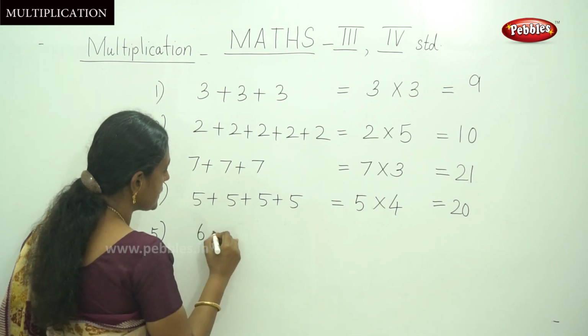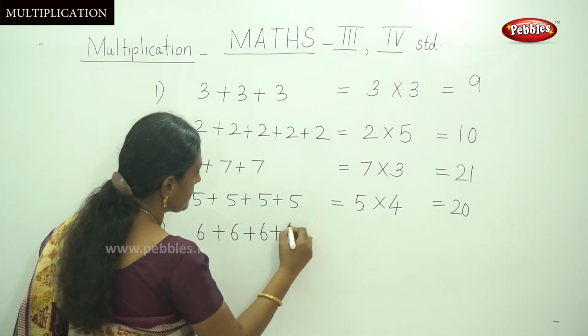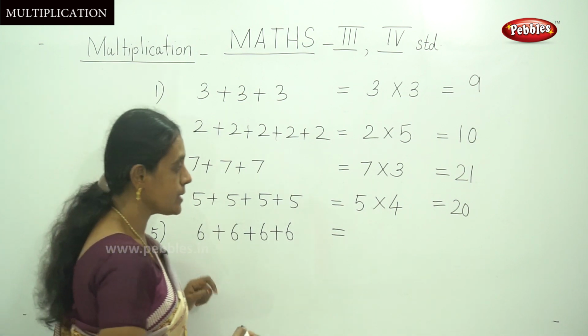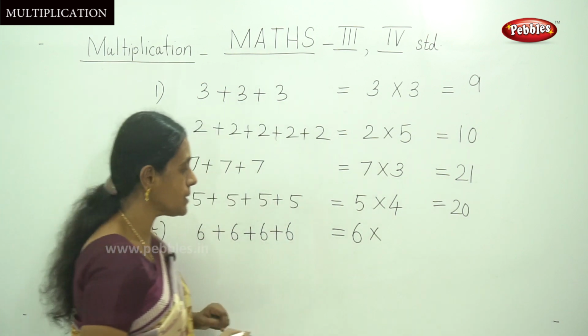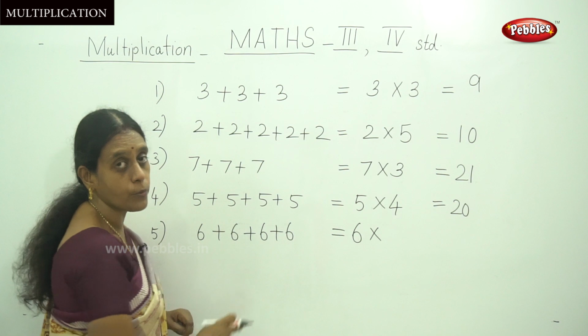And one more sum for you. What is the number? 6, so 6 plus 6 plus 6 plus 6. Write down this number, 6. How many times is it written here? 1, 2, 3, 4.